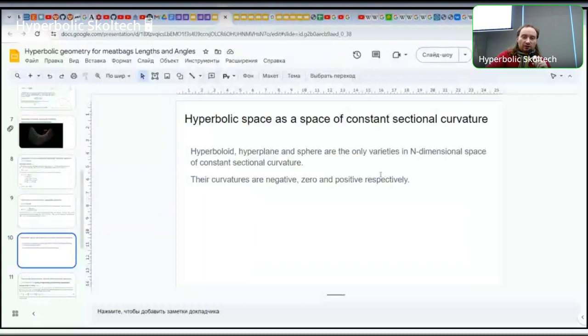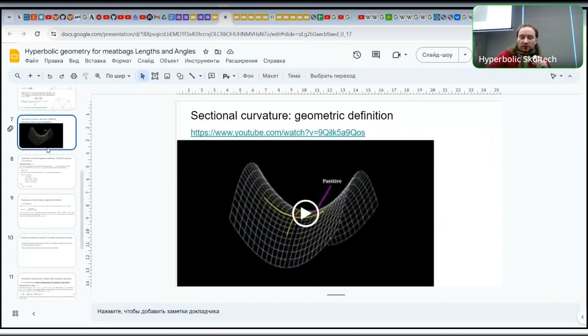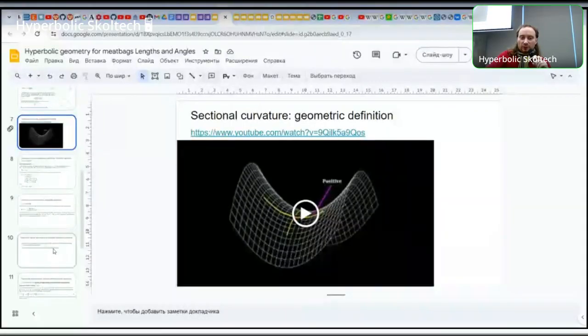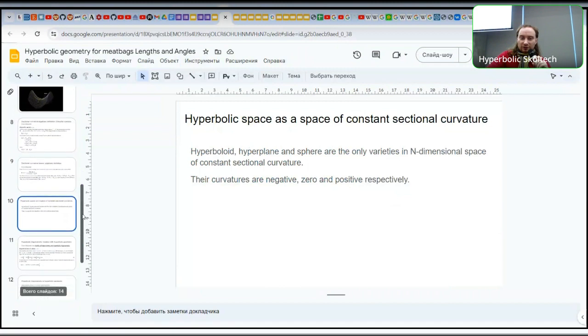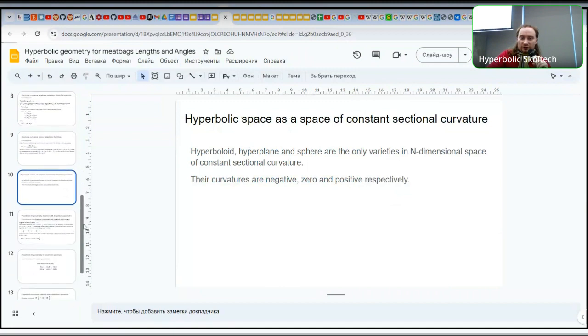And this we somehow already solved. Triangle area is very small in hyperbolic geometry, so its curvature is negative, and this also appears in models.